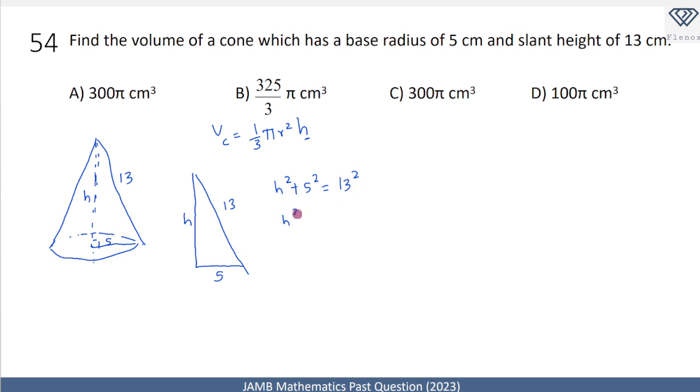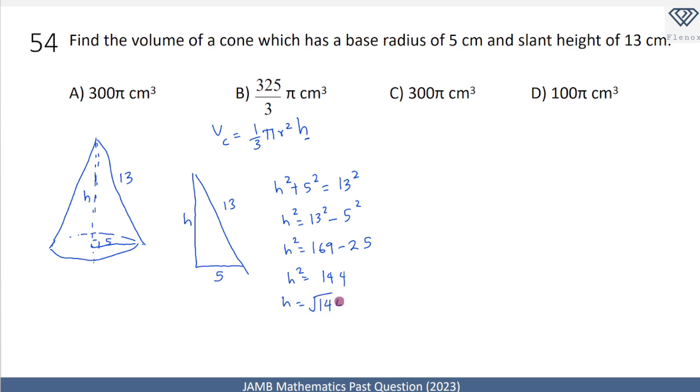So h squared will be equal to 13 squared minus 5 squared. 13 squared is 169, and 5 squared is 25. So h squared equals 169 minus 25, which is 144, and h should just be equal to what?